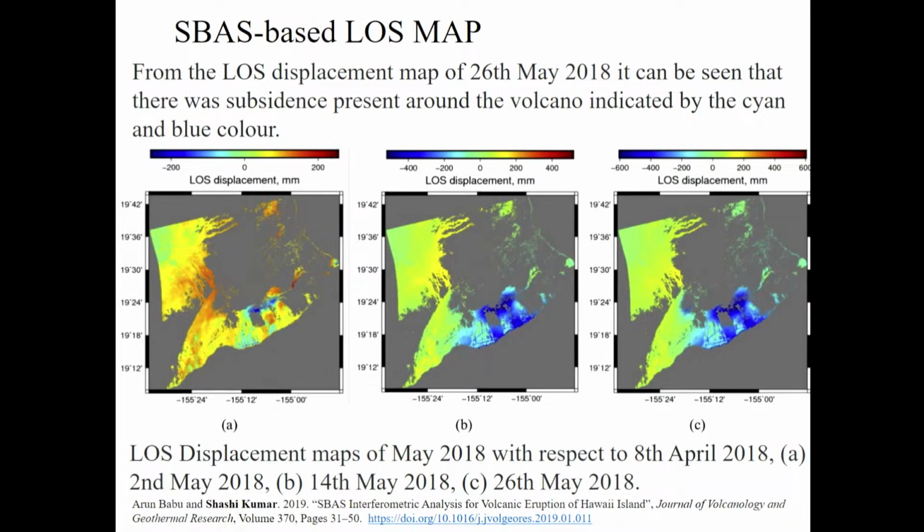What happened when we used the image of 26th May 2018? The line of sight displacement map shows displacement up to -600 millimeters for several locations.